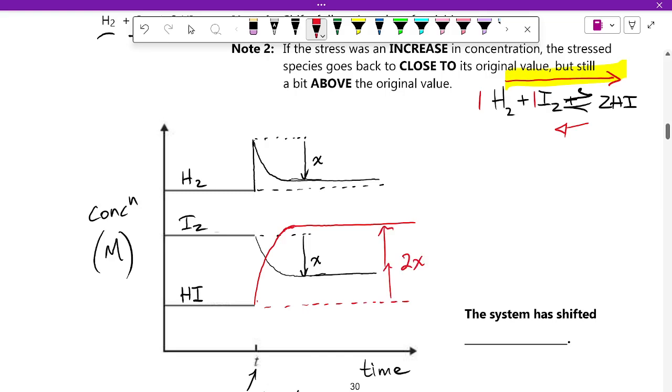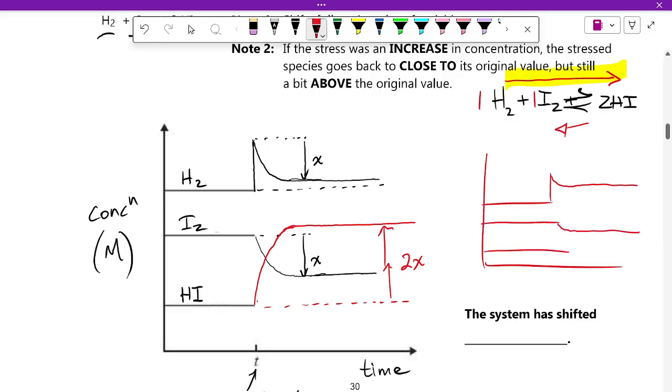Yes, Jonah. You can make it not cross. It's fine. If I had wanted to, I could have said, okay, this is this much, this went down by here, this one went down by here, and then this one went up by 2x.